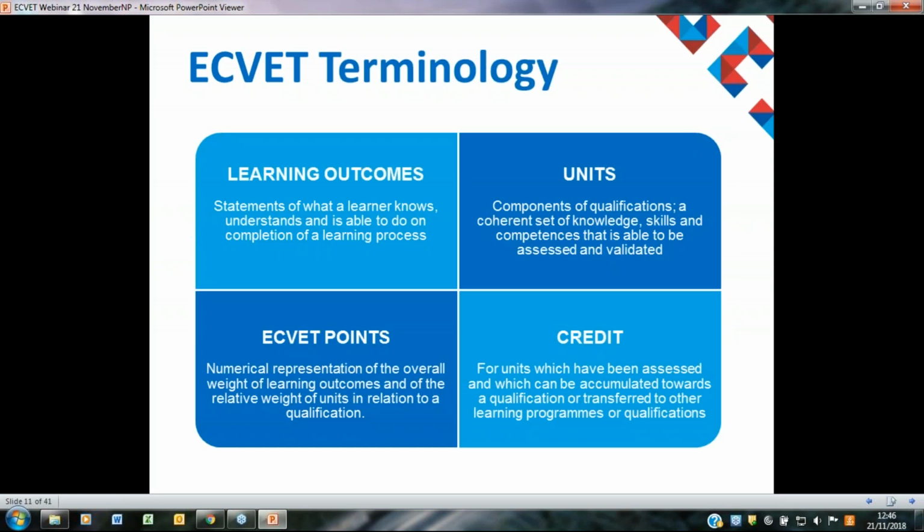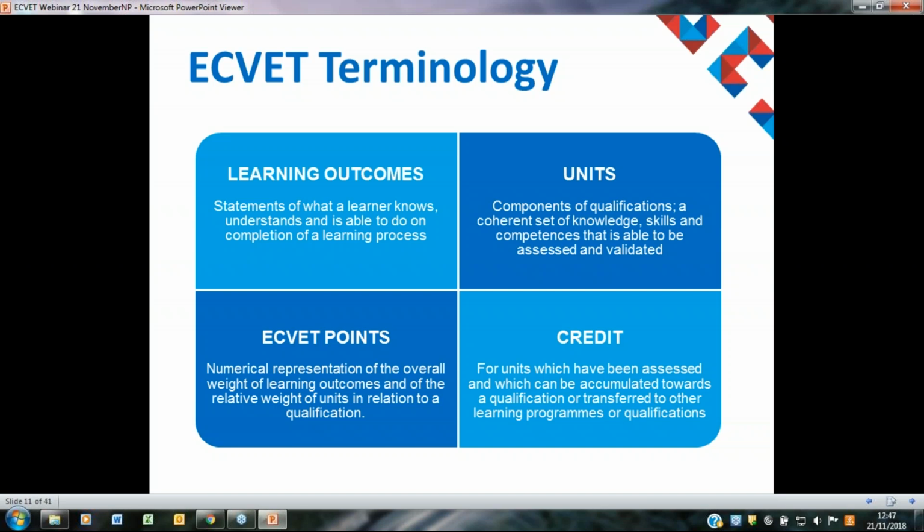Let's just look at some of the specific ECVET terminology. You all know what learning outcomes are, a statement of what a learner knows, understands, and is able to do on completion of a learning process. The important point of learning outcomes when you do take part in an Erasmus Plus KA1 VET mobility project is that learning outcomes must be identified for all projects, not just those incorporating ECVET.